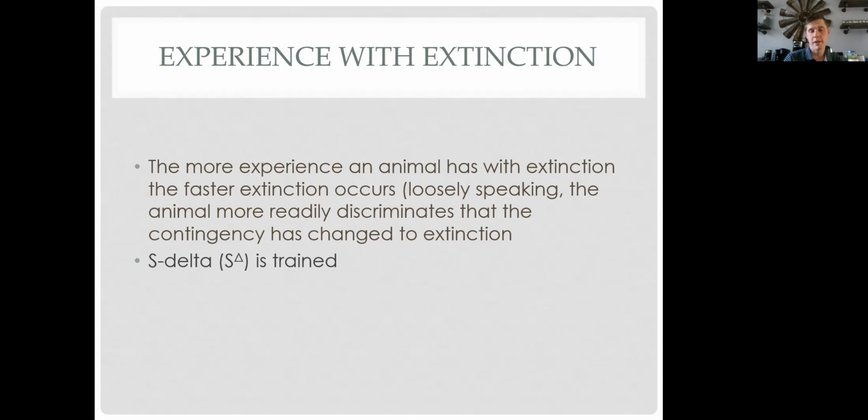So here we would say typically that S delta is trained, or that there's a stimulus indicating that you are under extinction conditions, so that they learn that there's essentially a new contingency that if these kinds of conditions are in place, then it's unlikely that I'm going to get paid or reinforced.